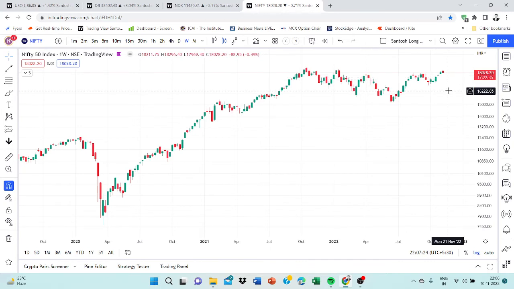I don't think Nifty can fall drastically downwards. Many things have happened. You can talk about the Russia-Ukraine war, COVID, inflation data, everything. We have faced everything. We have recovered from everything.